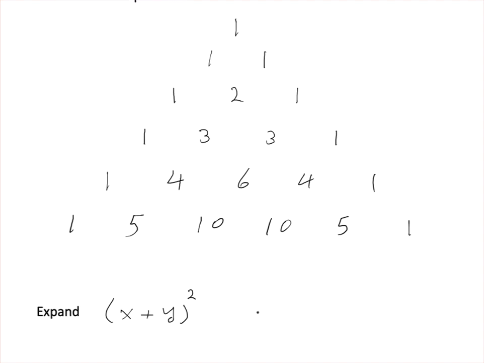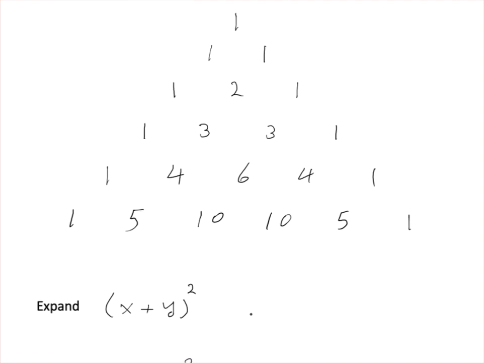From your earlier college algebra classes, you expanded this, and you already know an algebraic identity that tells you x plus y quantity squared is x squared plus 2xy plus y squared.